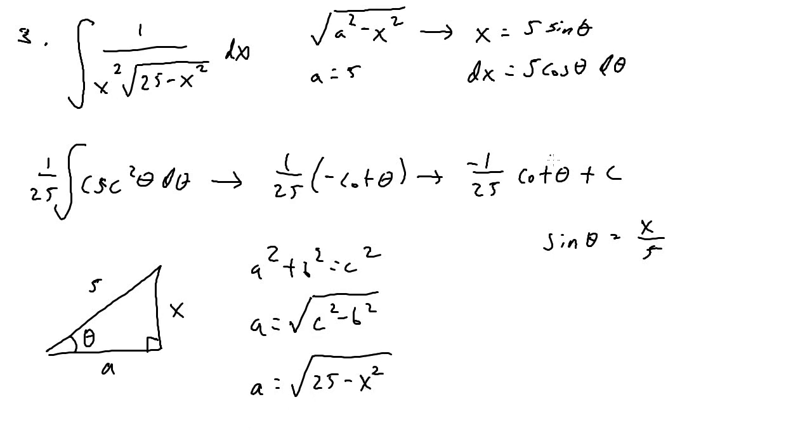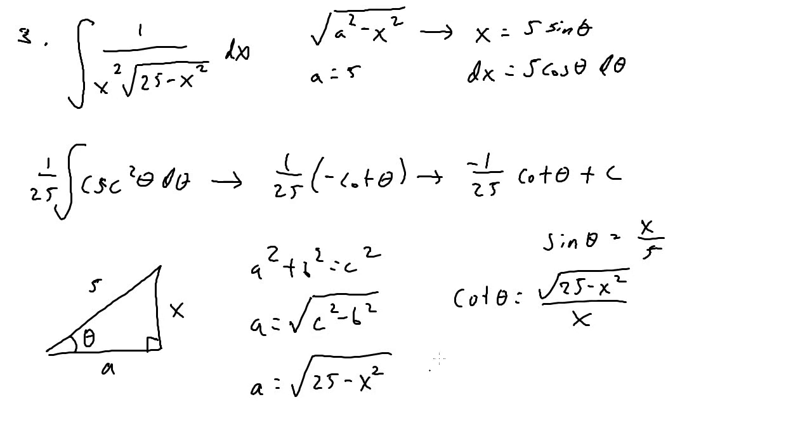Now we need to find what cotangent of theta is. So tangent of theta is opposite over adjacent, so cotangent would be adjacent over opposite, meaning we would take the a value over the opposite x. So cotangent of theta is equal to the square root of 25 minus x squared over x.